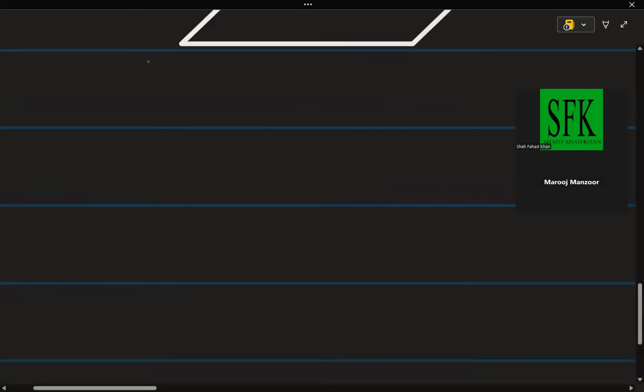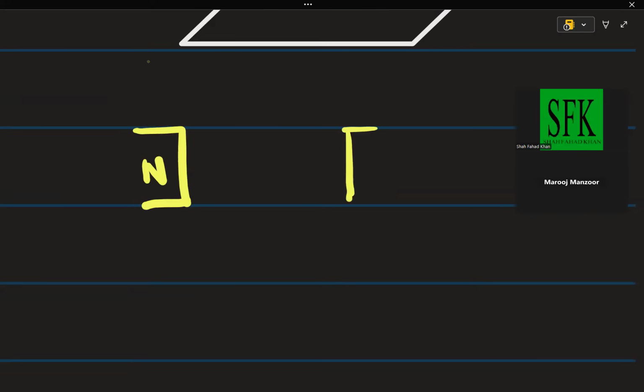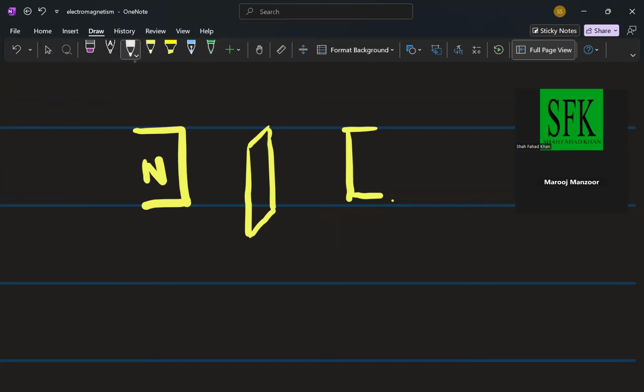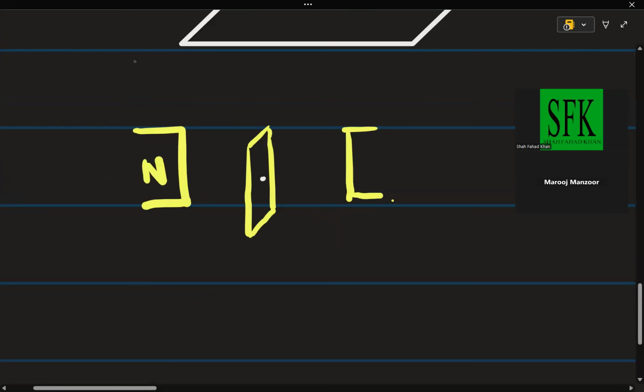If I have a magnet right over here, this is the north pole of a magnet, this is the south pole of a magnet, and let's say I have a surface standing perpendicularly. But remember, it's a surface. The vector of the area is going to be pointing perpendicular to its surface, right? This is the vector of the area, correct?